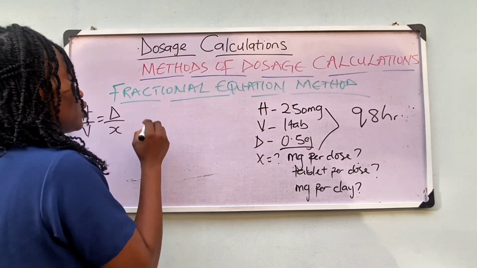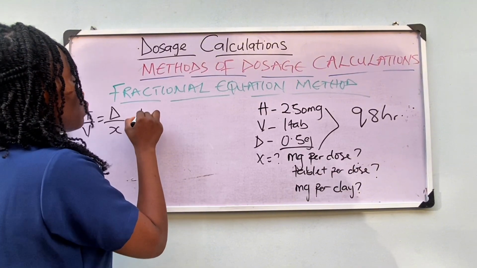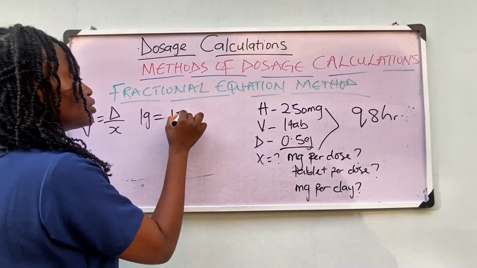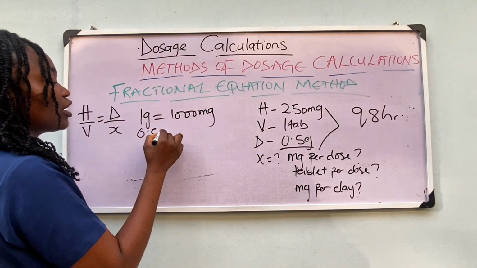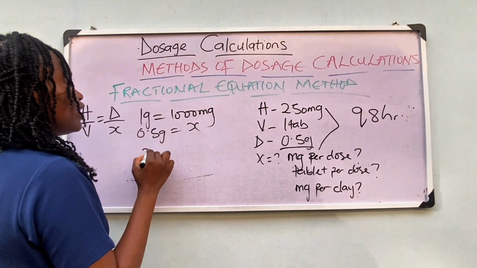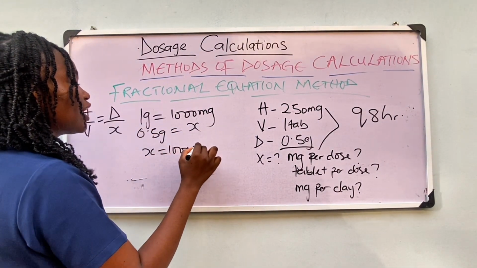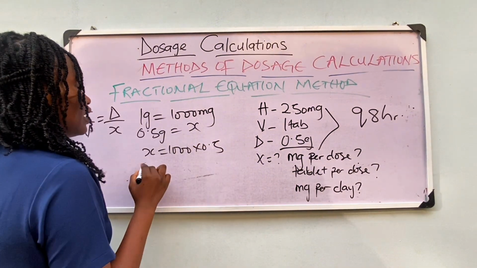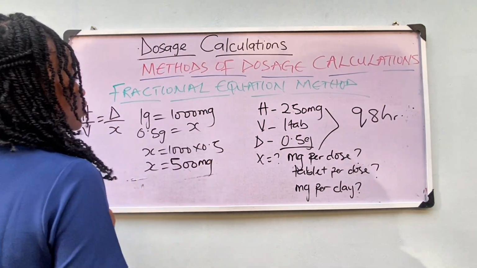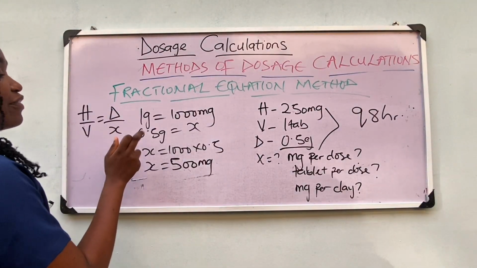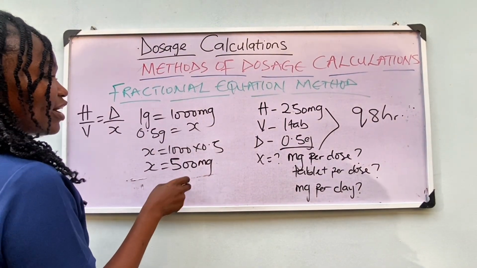If 1 gram is equal to 1000 milligrams, then 0.5 gram is equal to X. So X becomes 1000 times 0.5, and X becomes 500 milligrams. So 0.5 gram is equal to 500 milligrams.